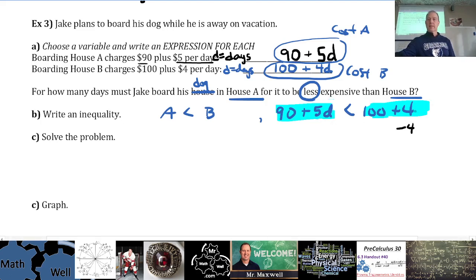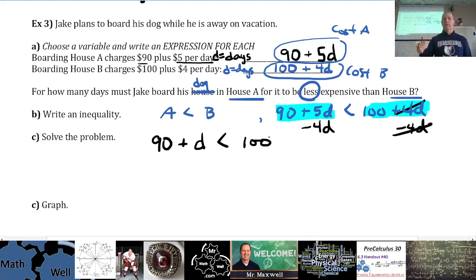So let's do that. I said equation, but I mean the inequality. So I'm going to have now, on the left side, 90 plus, what's 5d minus 4d? Plus 1d, right? Is less than, what's left over here? 100.